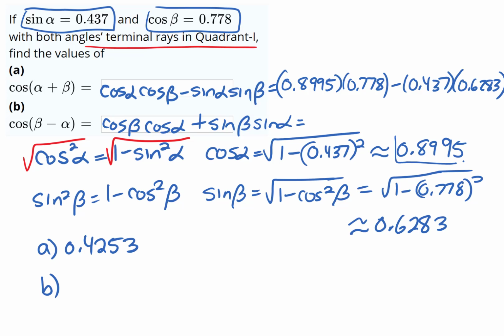Cosine of alpha was right here, 0.8995, and then plus sine of beta, and sine of beta was right here, 0.6283 times sine of alpha, and that was given to me, 0.437. And it looks like that equals 0.9744.